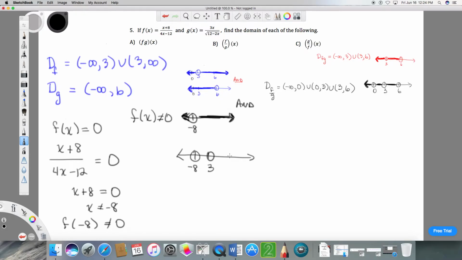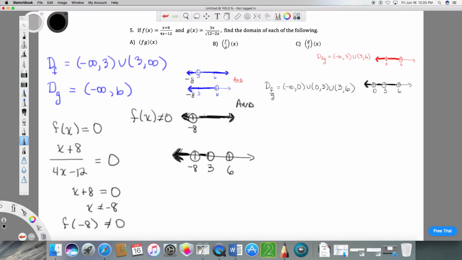And 6 is not in all 3 sets, so it's not in the intersection. To the left of -8 is in all 3, so it's in our intersection. And between -8 and +3 is in all 3 number lines. It's in the shaded region, so therefore it's in the intersection.